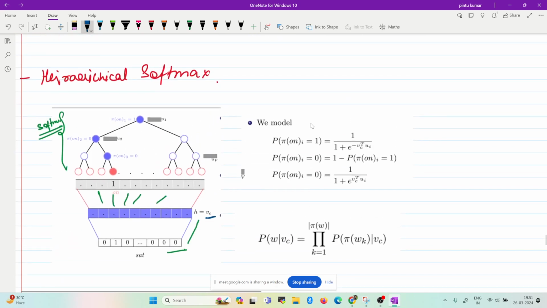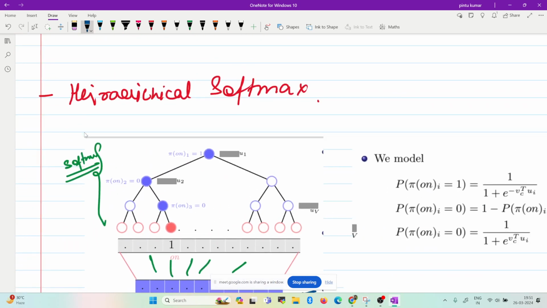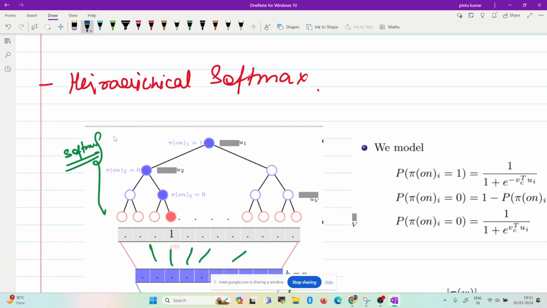Okay, then I want to sort of do something better than softmax. Okay, so the idea for my hierarchical softmax is that from the output layer, so this is my output layer. Okay, this output layer will have n outputs, right?